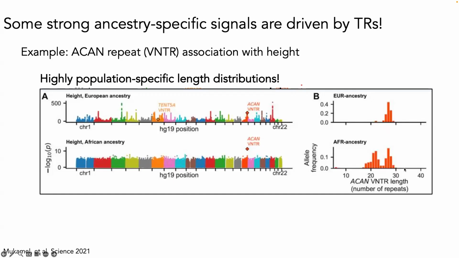But in Africans, there's a much broader and bimodal distribution of the repeat lengths. So this locus ends up explaining more variation in height in Africans versus Europeans. It's the same locus, the same variant, but it explains more variance in one population versus another because the distribution of alleles is very different across different populations.